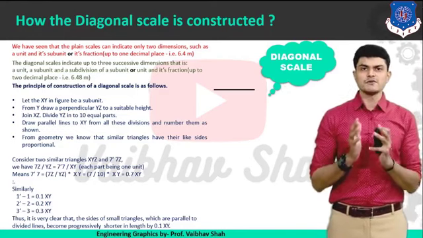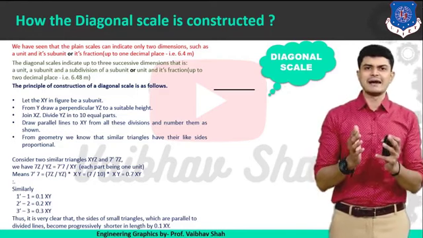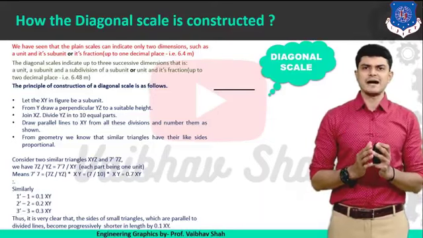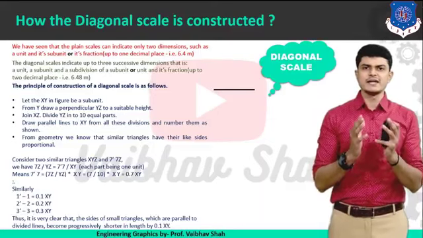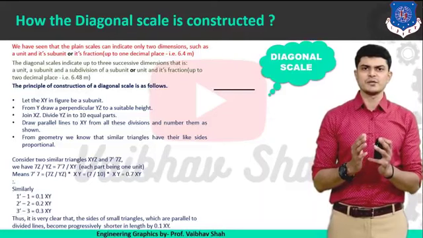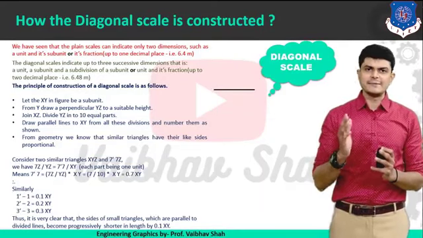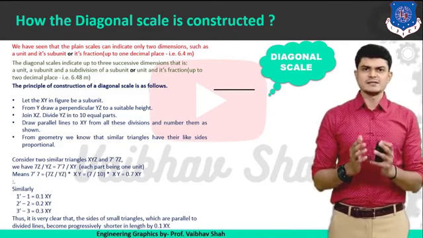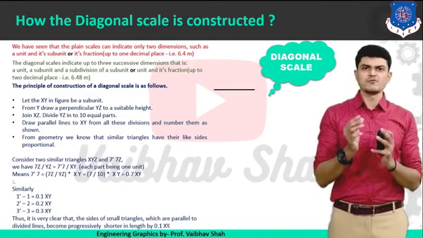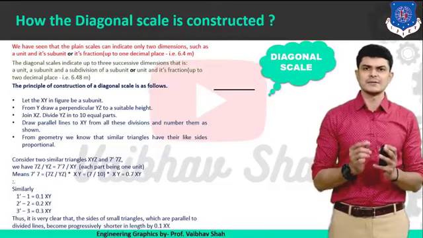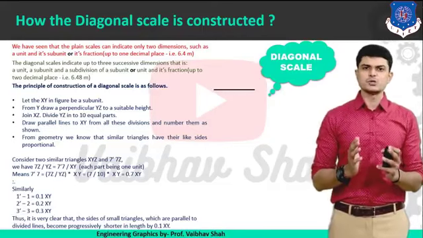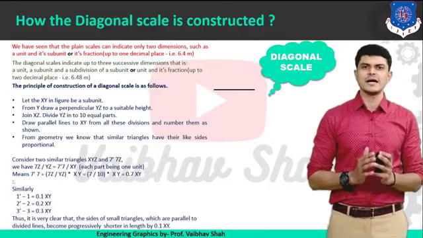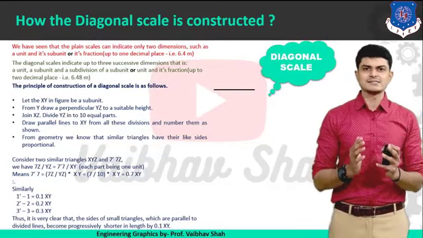No. Because if you try to divide a very small line into that many equal parts, it will be very difficult to identify each of the parts separately. Let me give you one example. If I say you have to divide the distance between 0.1 cm and 0.2 cm, a very small distance, into 10 parts, is it possible now? No. The answer is no.